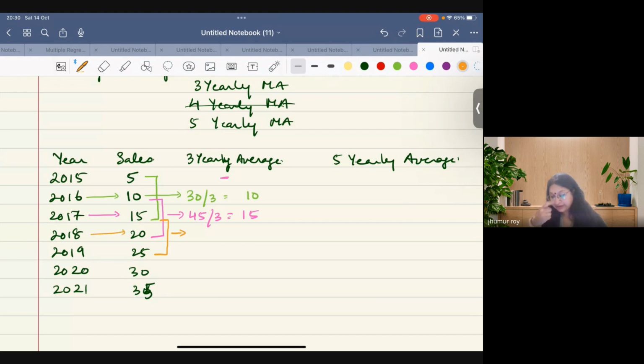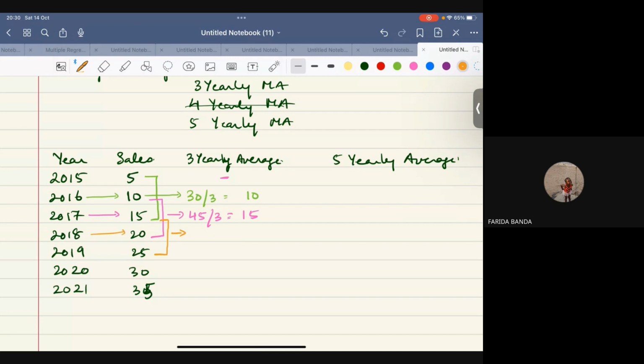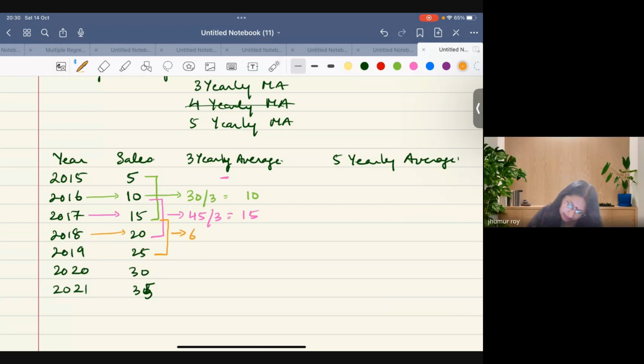What is the third one that you're getting? 15 plus 20 plus 25 is 60, and 60 divided by 3 will come out to be 20. I hope everybody is following me. The next group will be 20, 25 and 30.